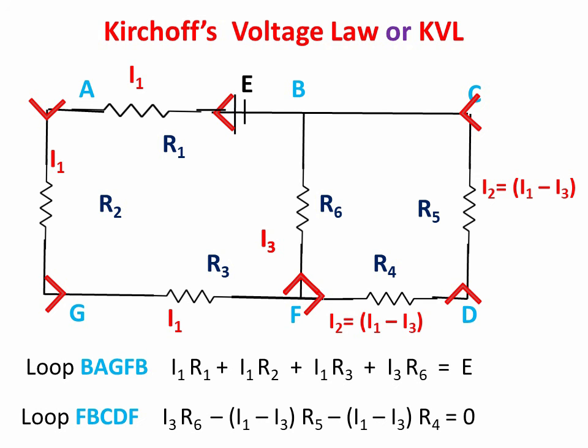I1 R1 plus I1 R2 plus I1 R3 plus I3 R6 is equal to E. Here the current I1 is moving in the same direction as the loop I have chosen: B to A, A to G, G to F, and F to B. So the direction of current and the assumed current are the same, and you have to put plus for all the values, which is equal to the EMF in that circuit.